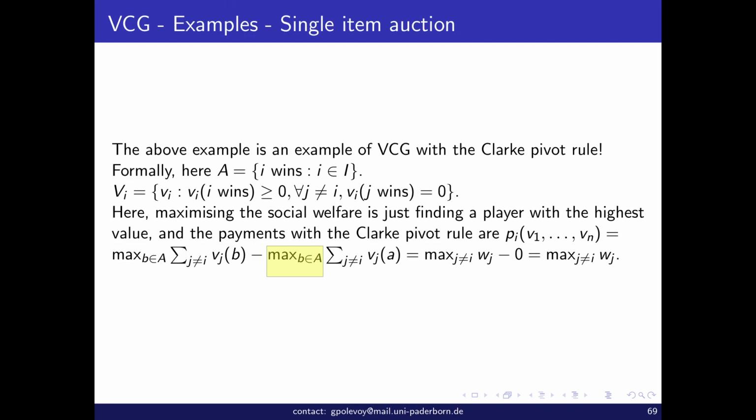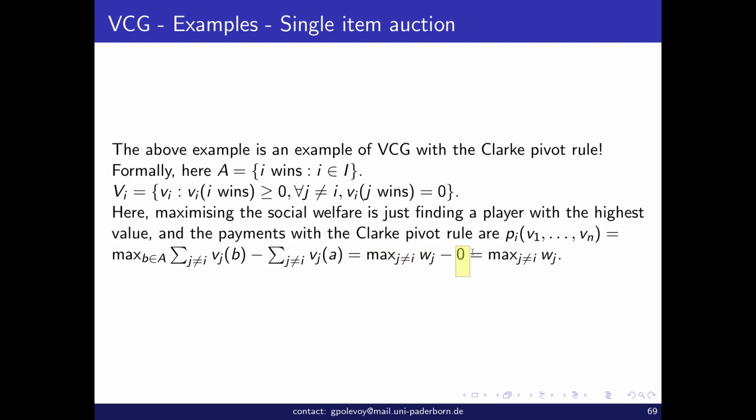When I is not there, the maximum possible gain for the others is simply choosing the player with the second highest bid. When I is there, the maximum possible gain for the others is 0 because I gets everything.